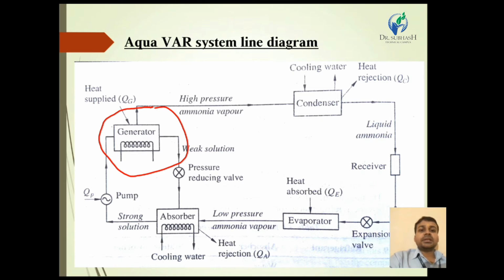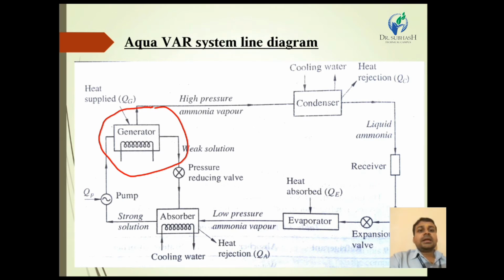It may be solar energy, waste heat, or burner energy, meaning ignition of coal or any type of fluid, and we give that heat to the generator. In the generator, a mixture of ammonia and water is available in liquid form. Then after the generator is heated, the ammonia and H2O are converted from the liquid phase to the gaseous phase.